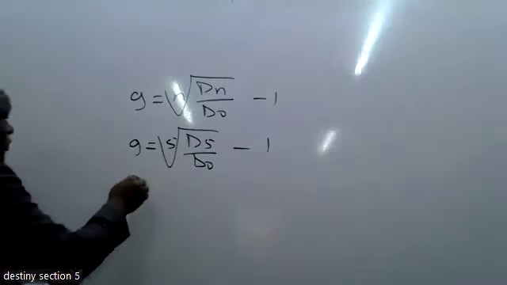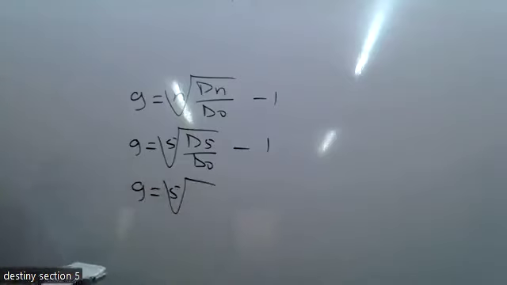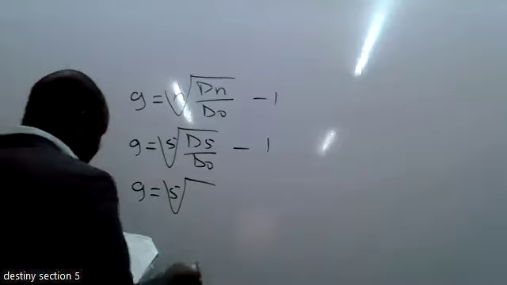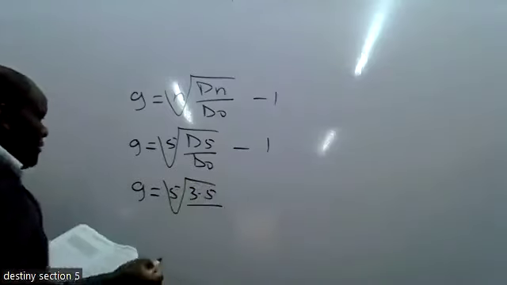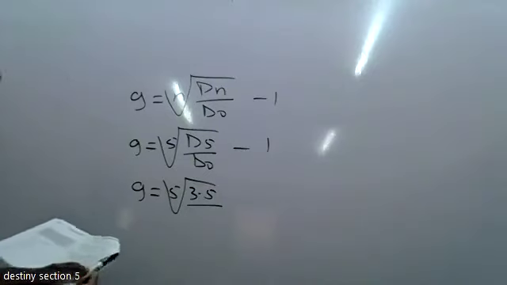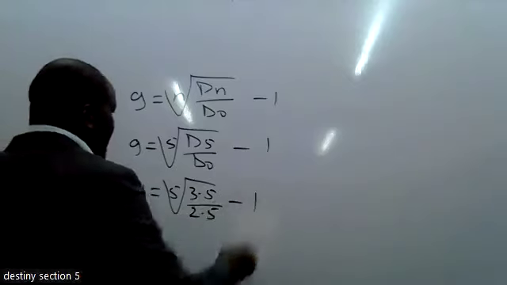So our G was not given. D5 is the dividend per share in the year 2015, which was given as how much in the note number 2? 3.5. You also divide by D0, the dividend per share in the year 2010, where they have given you 2.5.